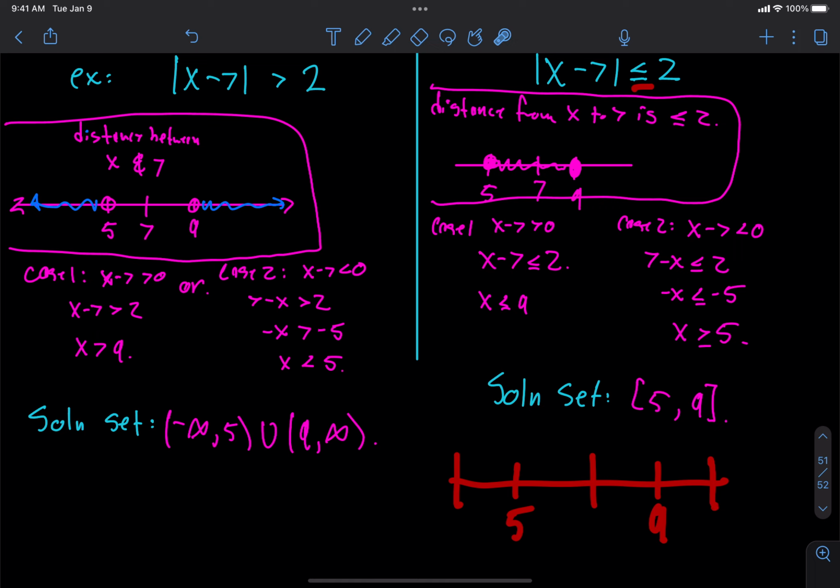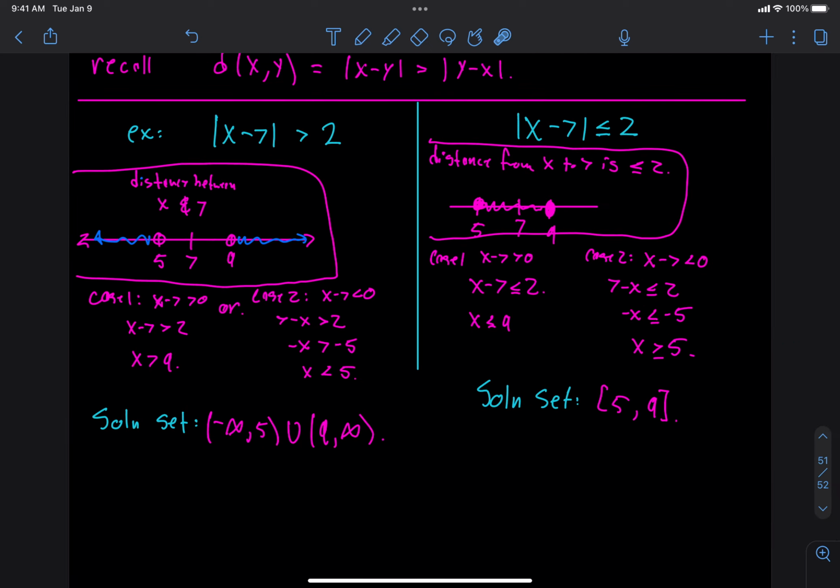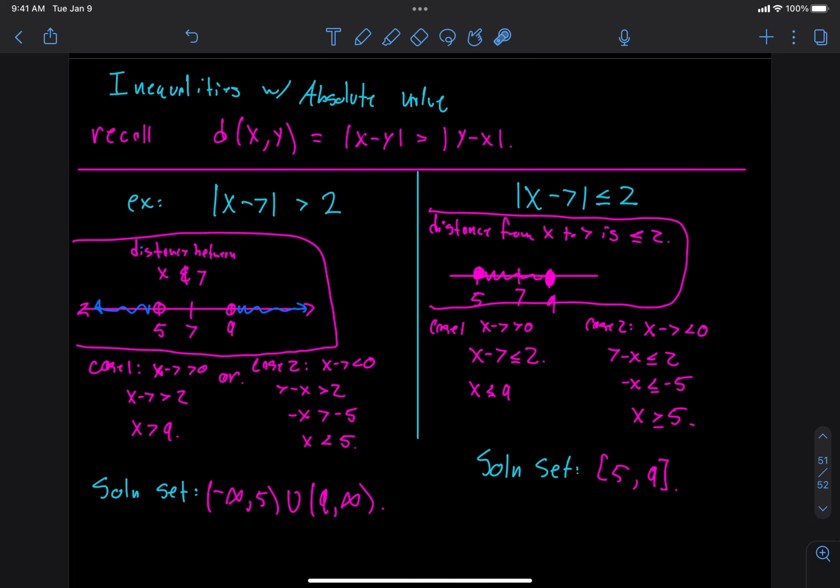So if you get stuck and you forget how to do an inequality with absolute values, you can always go back to the test point method. Any questions on inequalities with absolute value?